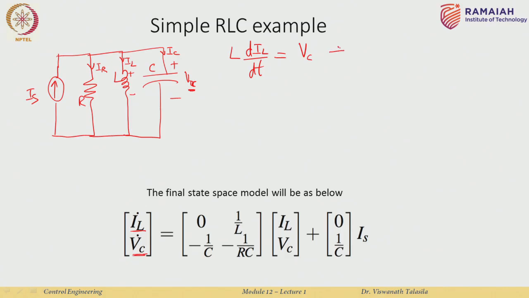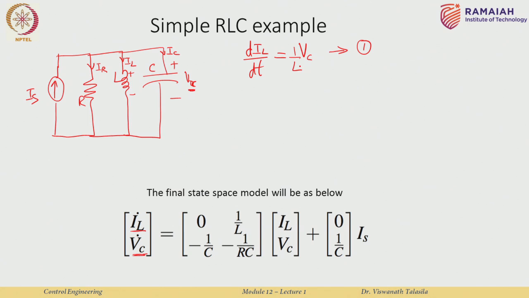So, this is your equation number 1 when I take the term L onto the right hand side, that is 1 over L Vc. This is actually the first state equation.